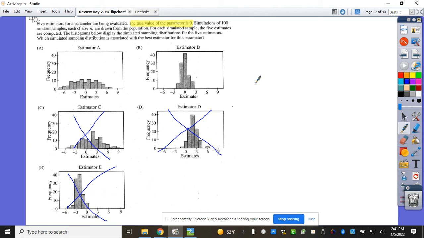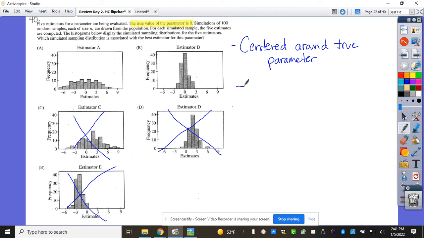This one's kind of weird as far as what to write. But now I have 2 options. What is different about these 2? One has more width, or how much it's spread.